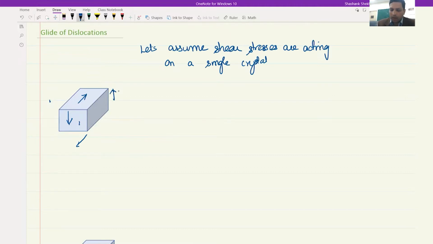Let's say a dislocation gets generated, and there are two ways the dislocation can get generated, which will lead to two opposite directions of motion of the dislocations because they have opposite sense. Because this dislocation is generated, there is a step created.